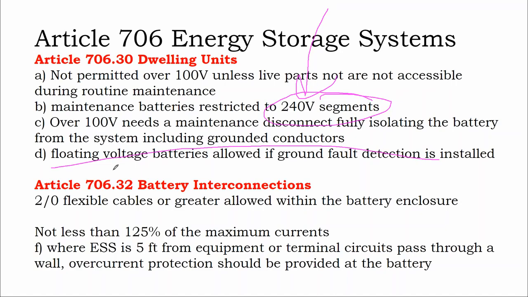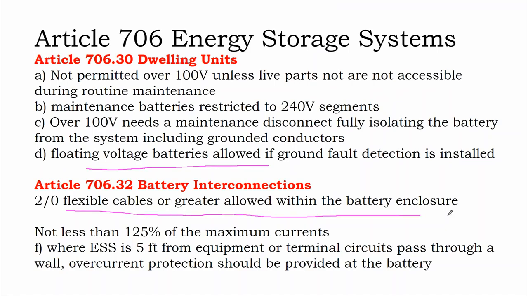It says floating batteries are allowed. Okay. Yeah, that's where you have a disconnect switch on both ends and fuse both ends. It's pretty common. It says flexible cable is allowed within the battery.